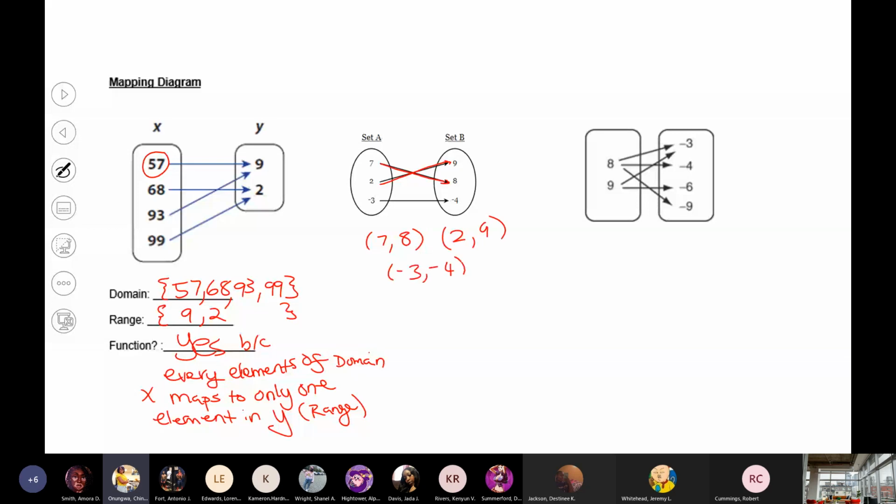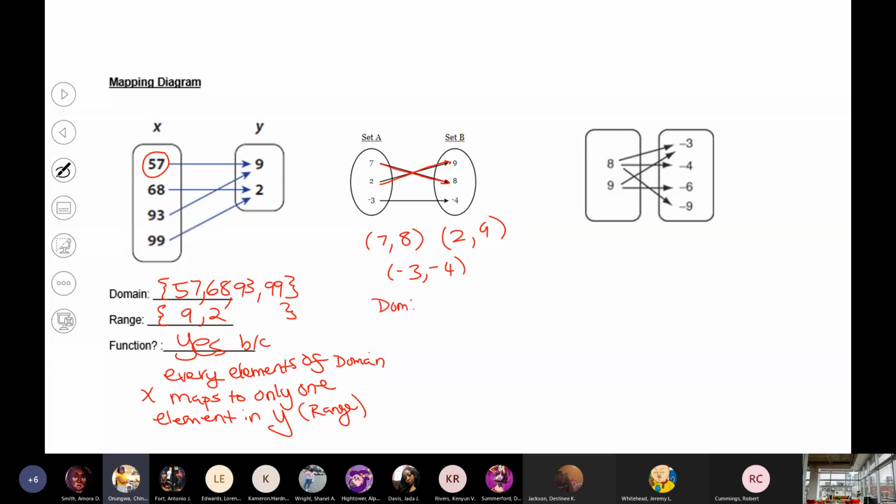I have a function. So I say, yes, this is a function because all my arrows are coming out of one thing and it's going only to one other thing. So all my elements of my domain only map to one thing in my range.